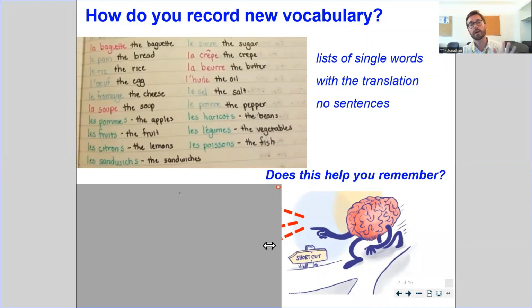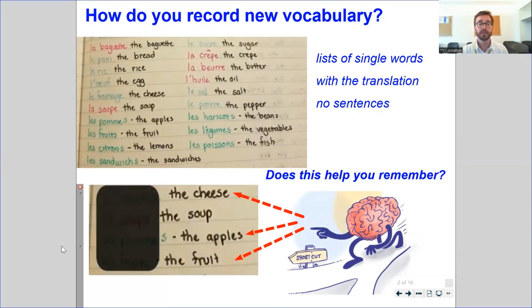When our brain looks at a page with language in our own language and language we're trying to learn, the brain just looks immediately at our own language because it's much easier and faster to understand. So the problem with writing lists of words with the translation next to them is that most of the time our brains aren't interested in the words we're trying to learn because you're just going to see the translation instead.